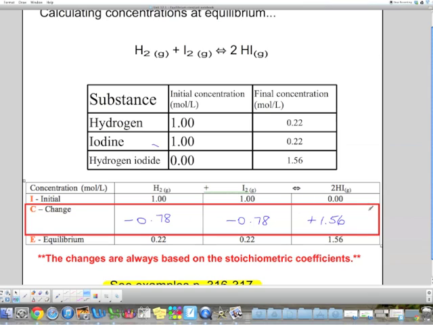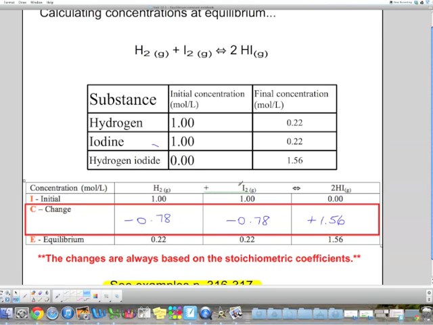Now, the reason why I put this box in red, the change line, is because this change line is always linked to your coefficients. So you can do stoichiometry with these coefficients, and these numbers here will respect your ratios. So if you look here, we have 1 for 1, so it makes sense that the same amount reacted.